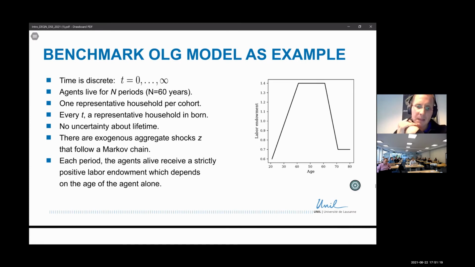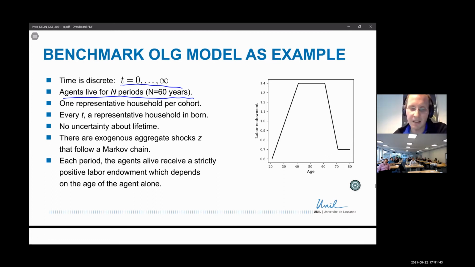So now let me be a bit explicit with the baby stochastic overlapping generations model that you all know, just to be a bit more transparent. Say you have an OLG model, agents live for 60 periods, annually calibrated. Time is discrete.